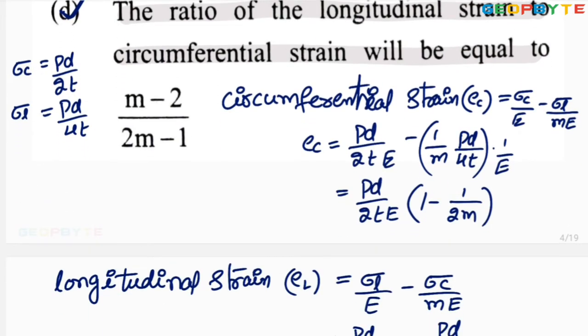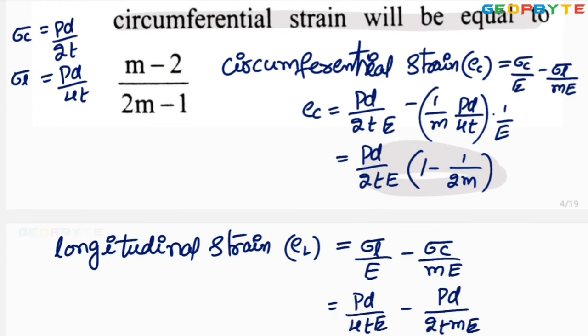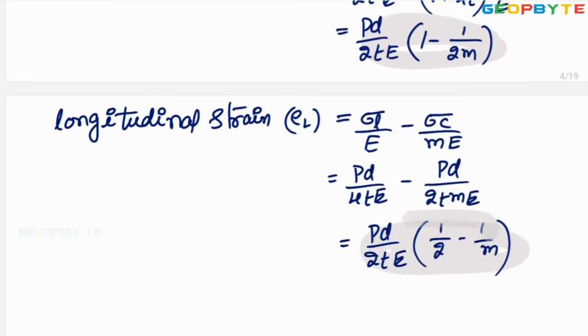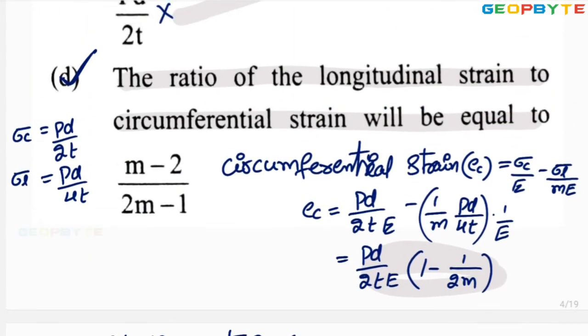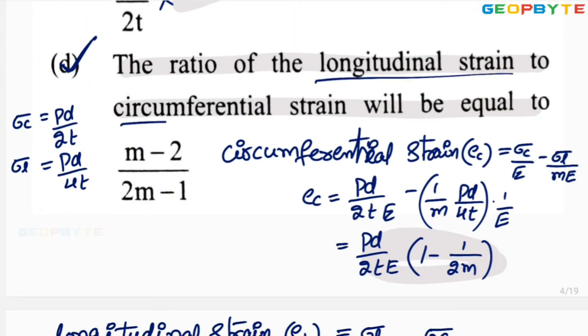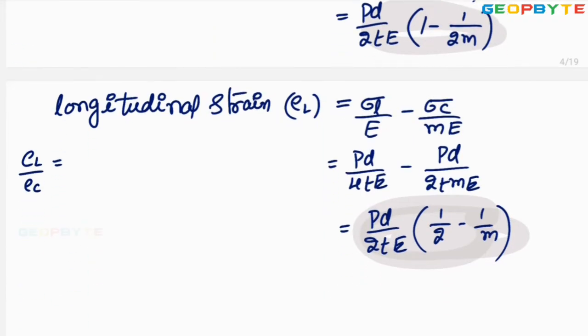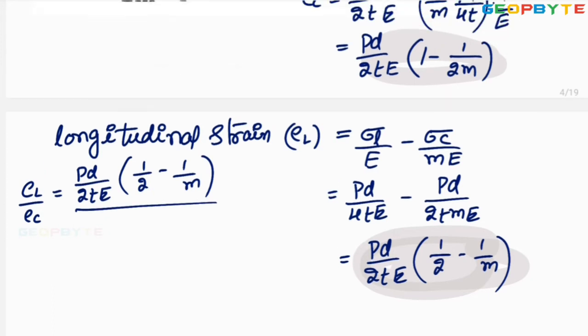D is the ratio of longitudinal strain to the circumferential strain. We have the circumferential strain and longitudinal strain. This is the longitudinal strain. Therefore, longitudinal strain by circumferential strain is what is given as option D. Longitudinal strain divided by circumferential strain. So longitudinal strain equals PD by 2TE into 1 by 2 minus 1 by m, divided by circumferential strain.